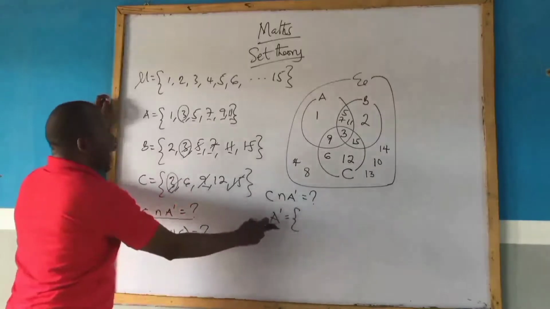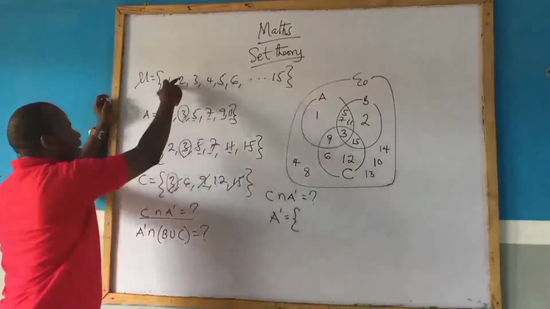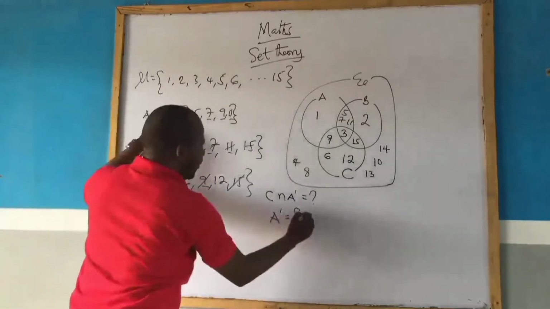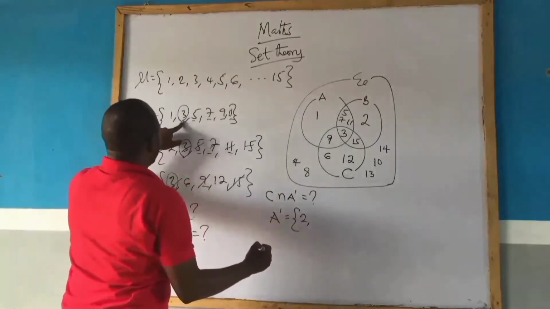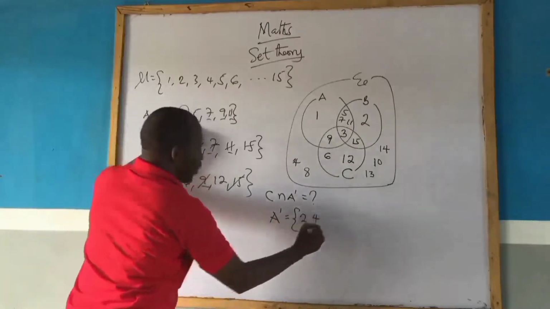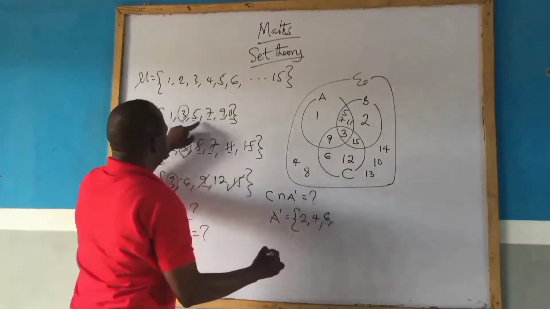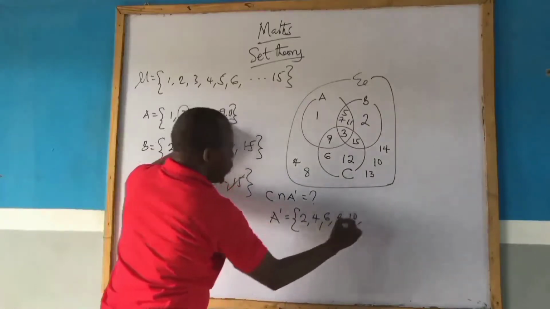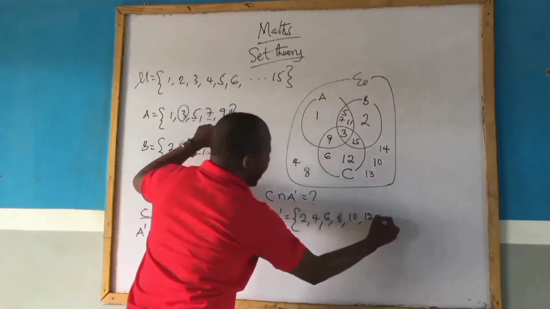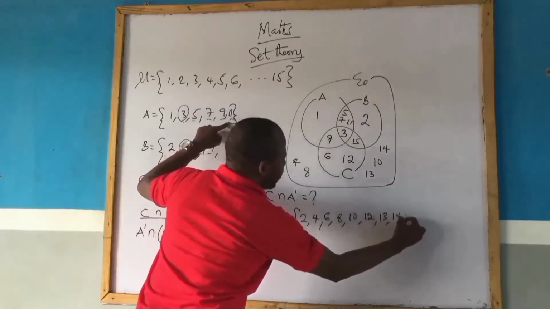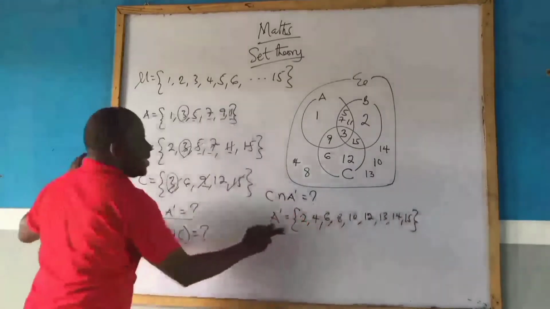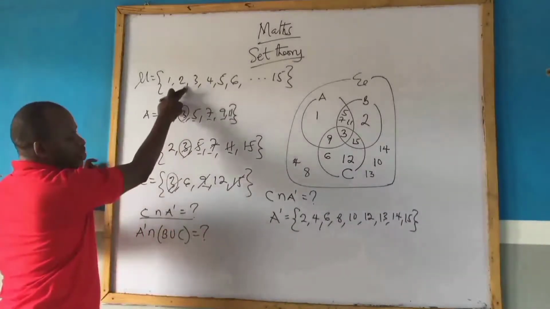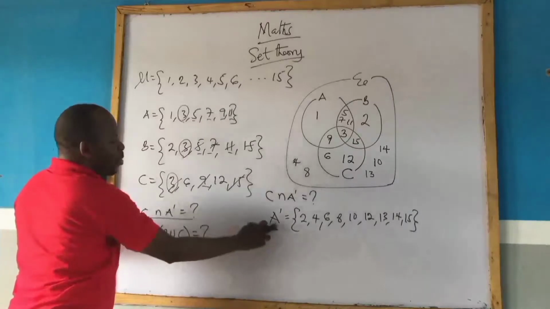Now, A complement are those elements that are in the universal set but are not in A. So it means we have 2, we have 4, we have 6, we have 8, we have 10, we have 12, we have 13, we have 14, we have 15. If you look at the list of these elements, they are not in A, but they are in the universal set. So they become A complement.